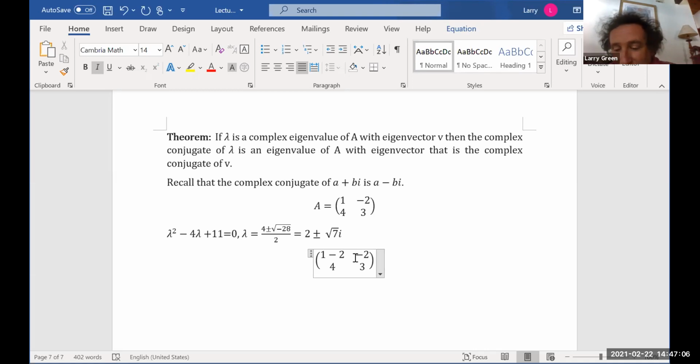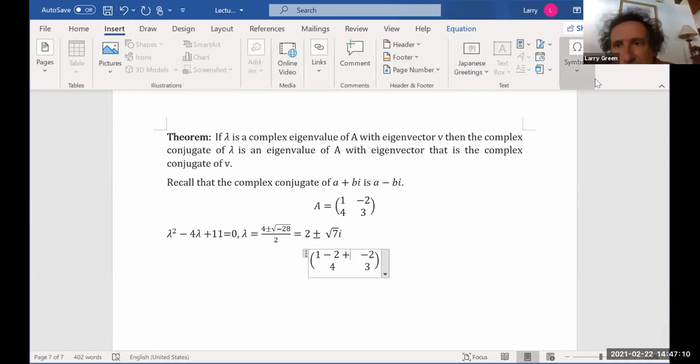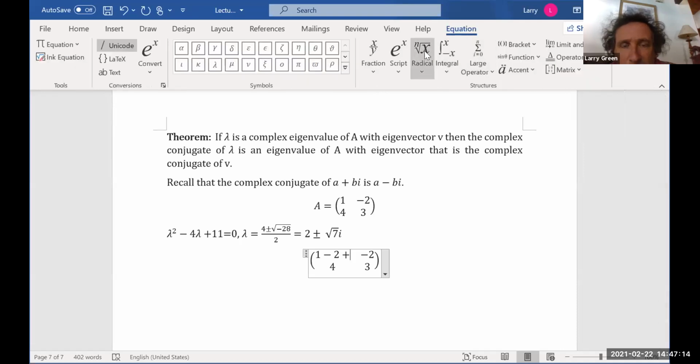I could choose either one, right? Plus root 7i. And then -2. And why can I write 0, 0?